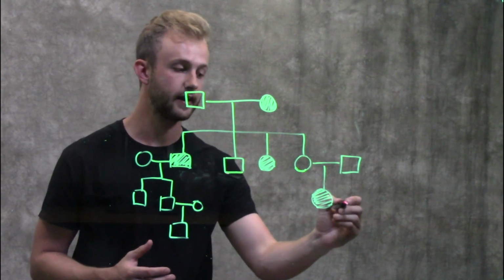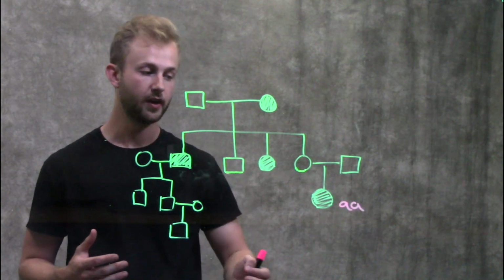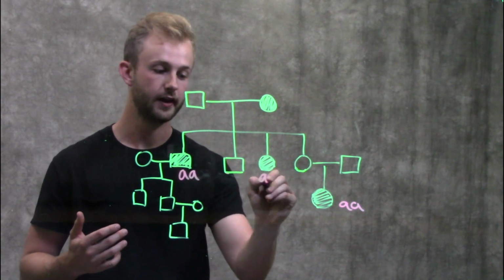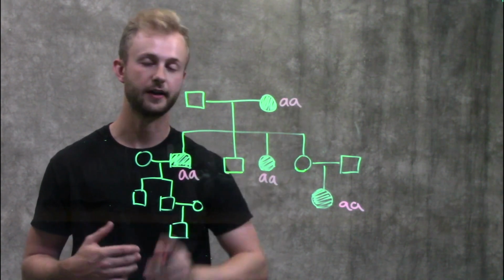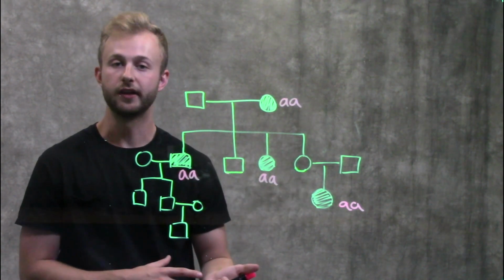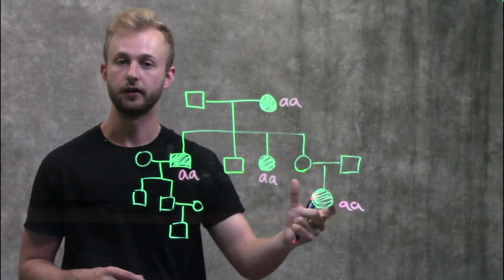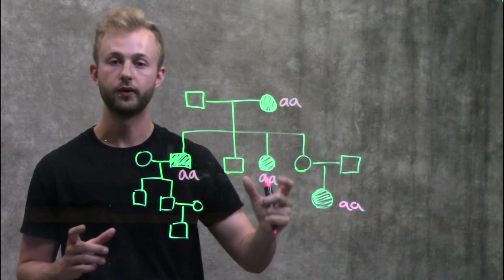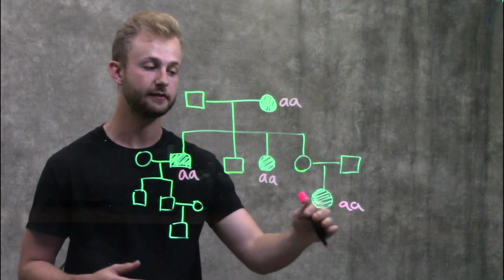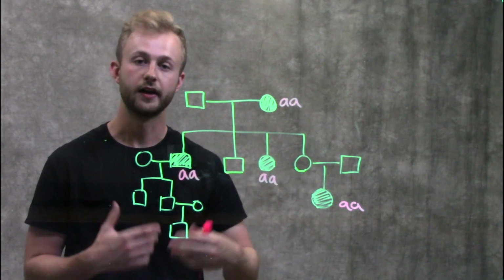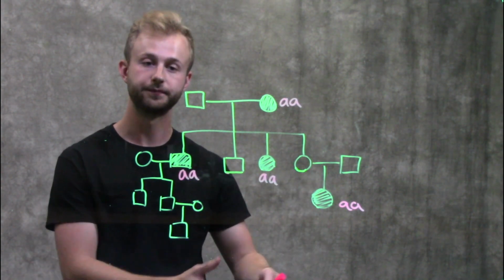This has to be a recessive disorder, and this individual and every other affected individual is going to have a homozygous recessive genotype. The way we know this is that if this were a dominant disorder, then every affected individual would have an affected parent. And that's not the case here. So we can rule that out right away and just know that this is a recessive disorder.